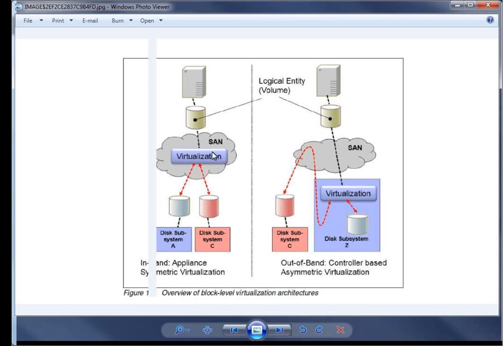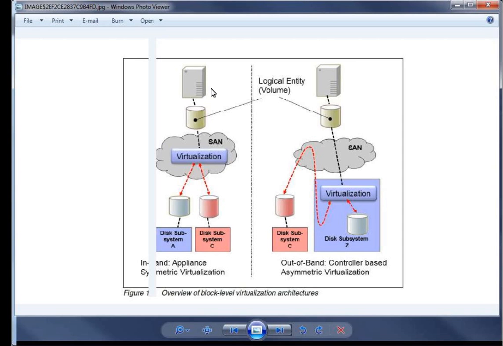Now let us come over to the left. If you can see here, a new I/O request, this is very important. Once a new I/O request is initiated, the third-party disk subsystem, say disk subsystem A and C here, will not know the origin of that particular I/O request.